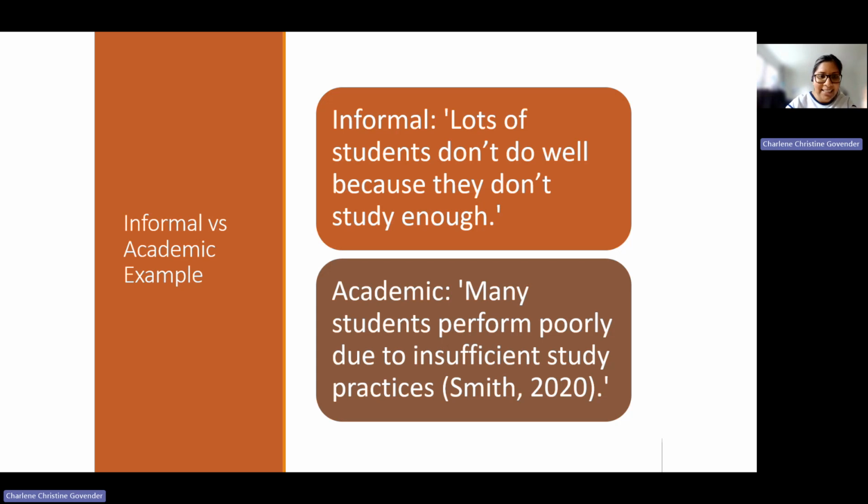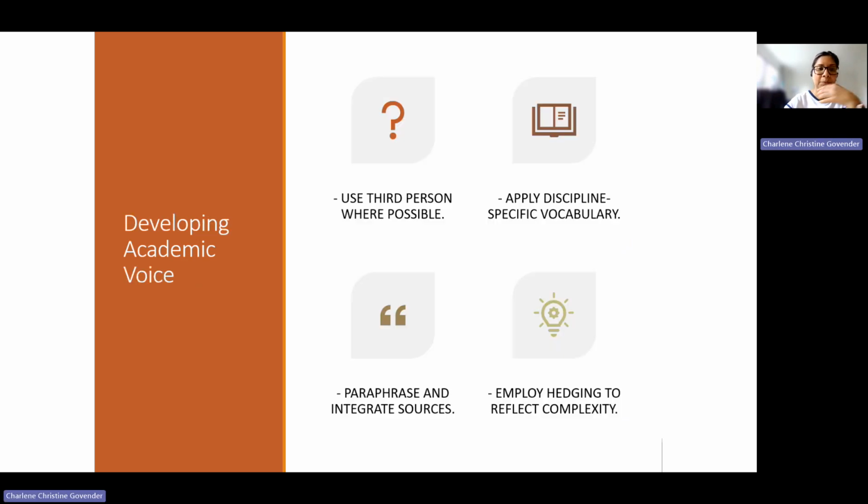And of course, it is supporting the claim with evidence. And this is an example of an author or researcher who has done research into this topic.